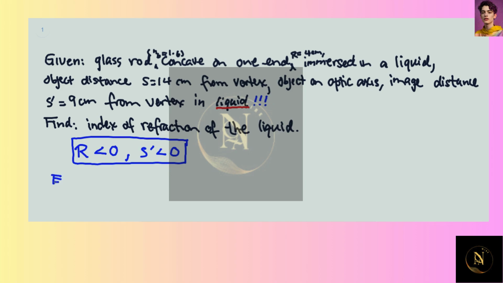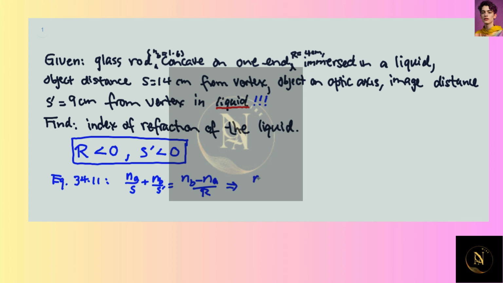And we're going to use equation 34.11, which states that NA over S plus NB over S primed is equal to NB minus NA over R. Now our goal is to find NA, so let's do some rearranging here.